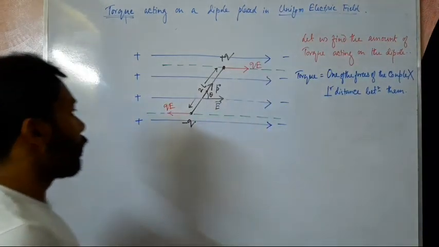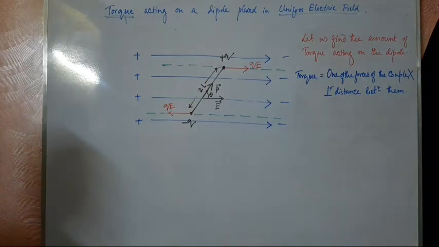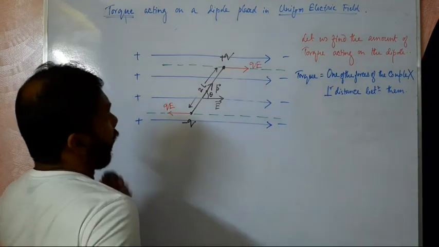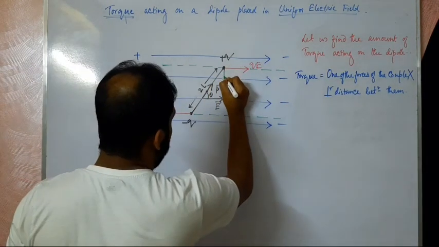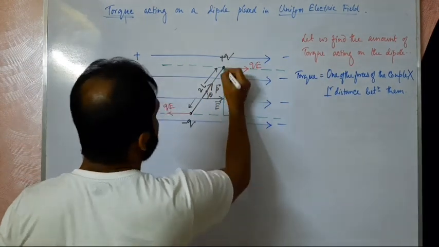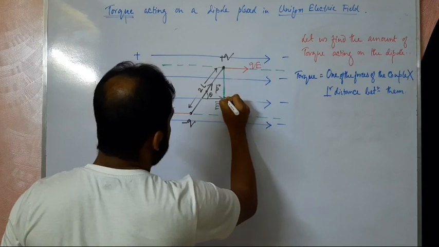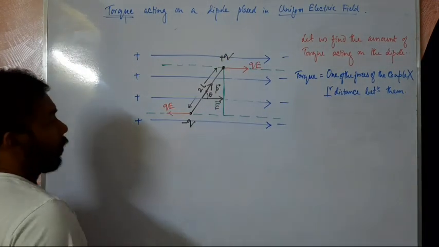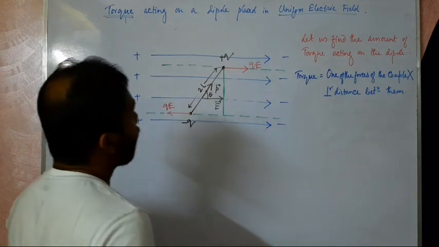Now, what is the perpendicular distance between the two lines of action? You can see this is the perpendicular distance between the two lines of action, and one of the forces is QE.